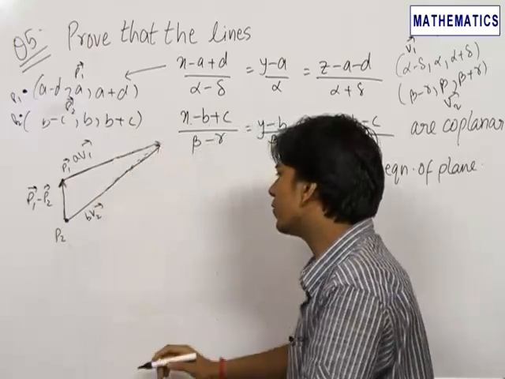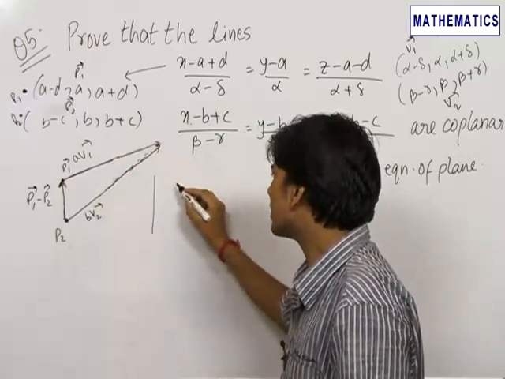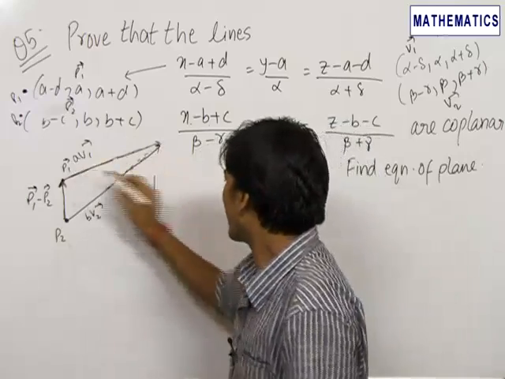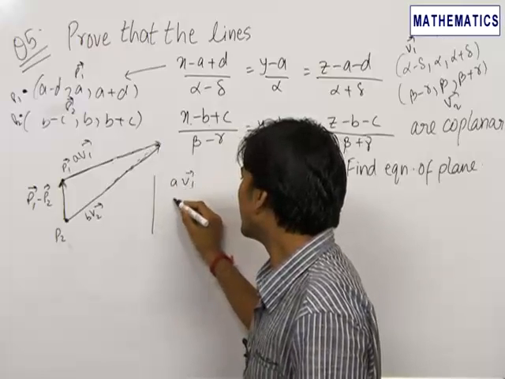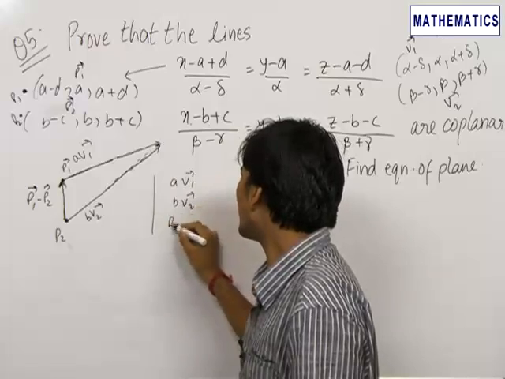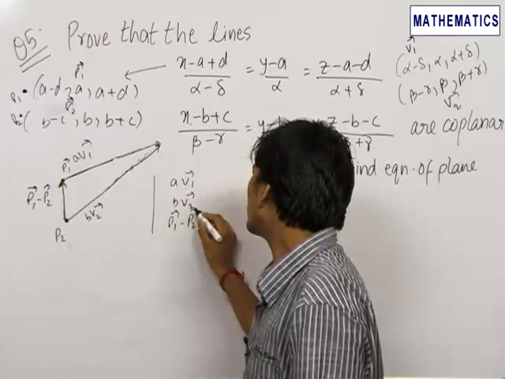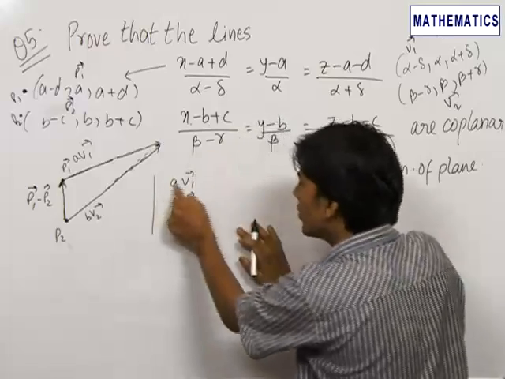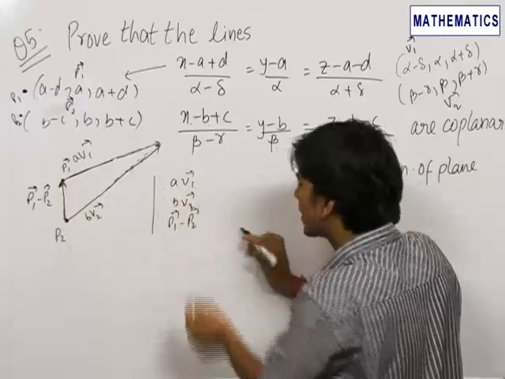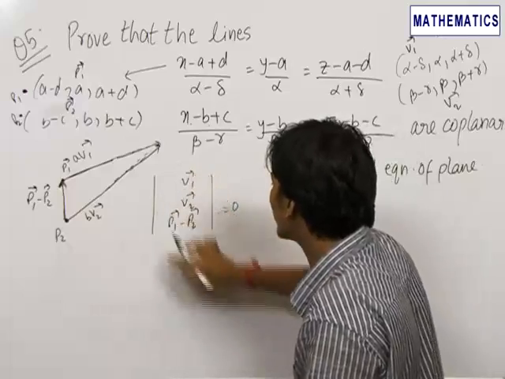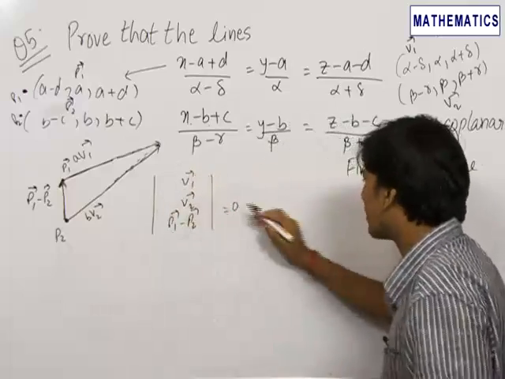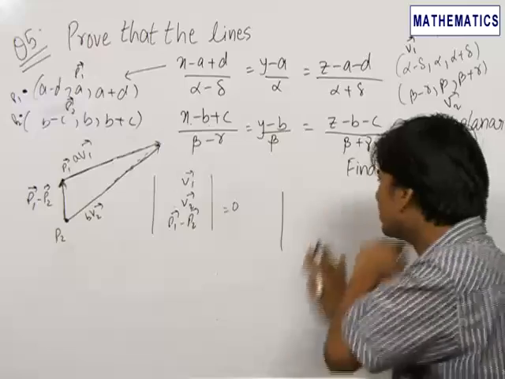Therefore we will apply the condition for these three vectors to be coplanar, that is the determinant formed by AV1, BV2 and P1 minus P2, the determinant formed by the x components, y components and z components of these three vectors will be equal to 0. We can remove A and B because if they are 0 it doesn't matter if we write A and B or not.